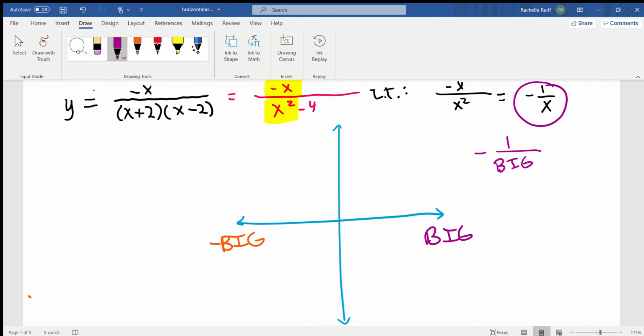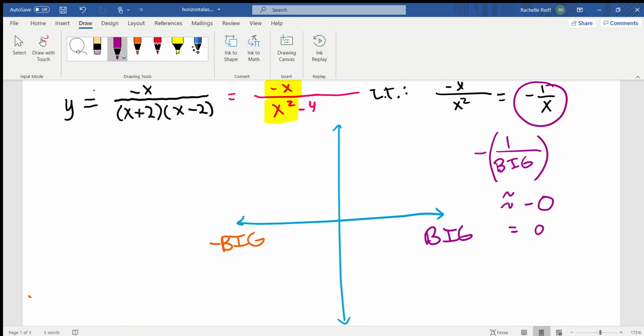Like if you had one pizza and you shared it with a trillion friends, you're basically not going to get any of the pizza. You might get a really, really small crumb, but it's basically nothing, right? So 1 over a big number is 0, and negative 0 is the same as 0.